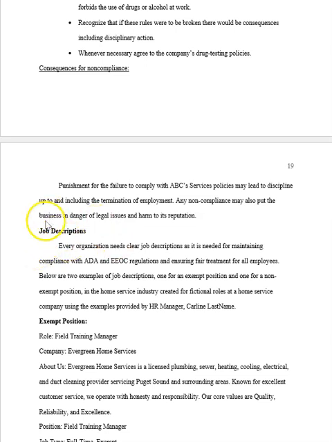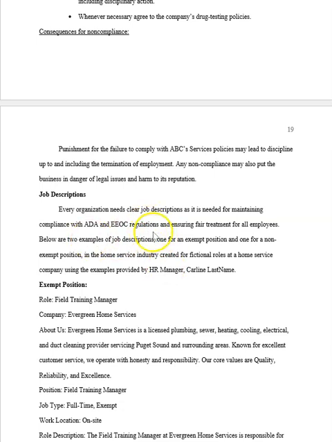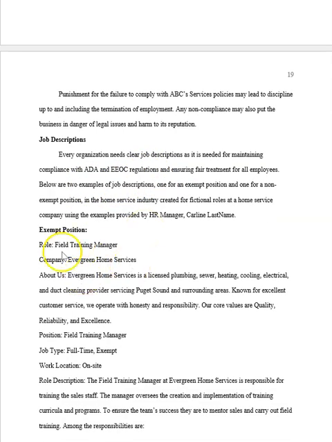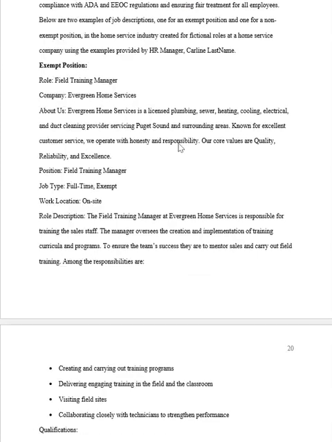description. This probably should have been a level 1 heading since it is another category, so this is an error. But here they have outlined a job description for a field training manager. Again, this should have been level 1 since it's another category required by the syllabus.